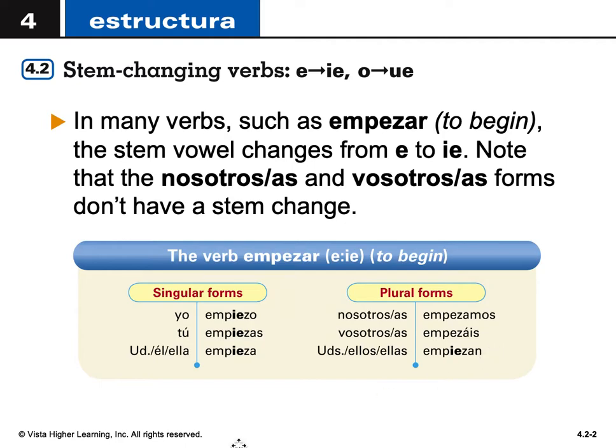If I were to draw an imaginary circle around all of the ones that change, sometimes you'll see these referred to as boot or shoe verbs. I don't have the capability to actually draw a line, but let's just look at what happens in this structure if we were to draw a circle. You can see how I'm basically tracing the shape of a shoe or a boot.